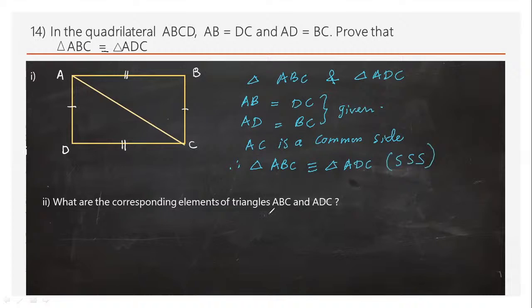What are the corresponding elements of triangle ABC and ADC? Corresponding, opposite to this common side, this angle and this angle. I will write them. Angle ABC equals ADC, for this angle and this angle.